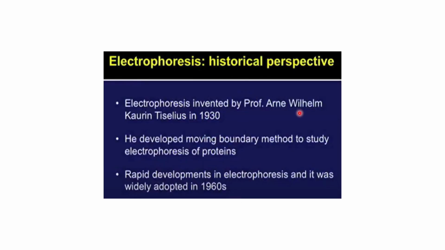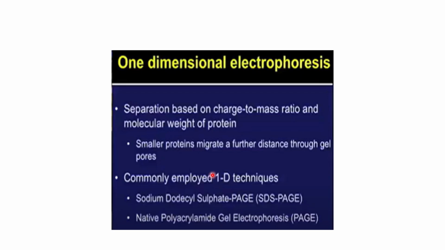Electrophoresis was basically invented by Prof. Arne Tiselius in 1930, and he developed this specific method, the moving boundary method, to study electrophoresis of proteins, and it was widely adopted by the 1960s. This is a one-dimensional technique.